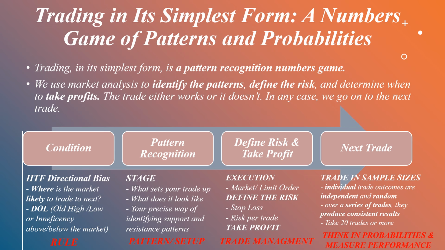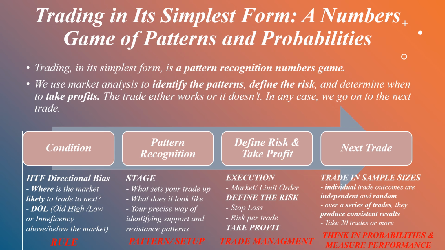It is from this definition that we can construct the arrow, which is portraying the process of trading. We start with a condition, a rule that, if true, allows us to proceed to the pattern recognition stage of trading. In other words, when the demanded condition is present in the marketplace, we proceed to hunt the pattern or setup of our choosing.